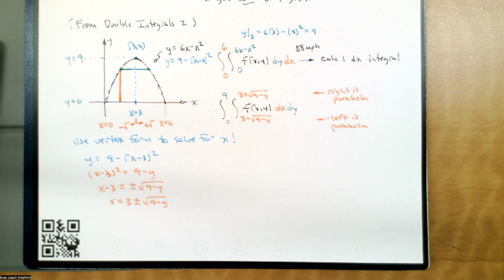We needed the two different functions that represent this parabola, the left side and the right side. In the middle is the 3, and it's the same amount, plus or minus. That's the same amount on either side.